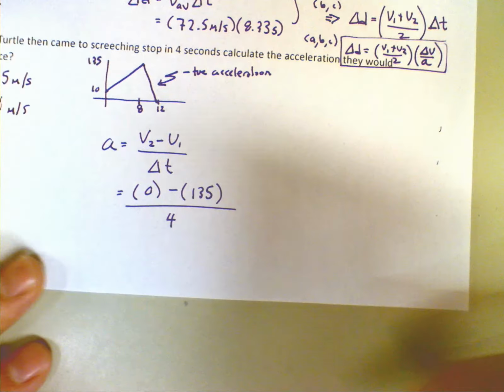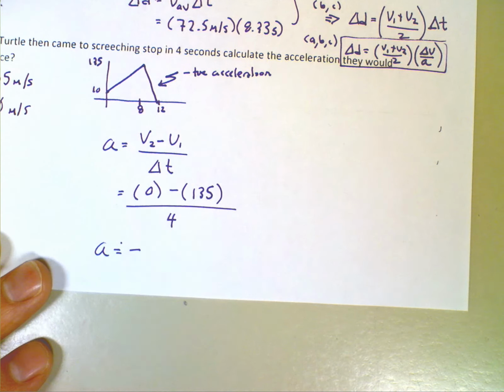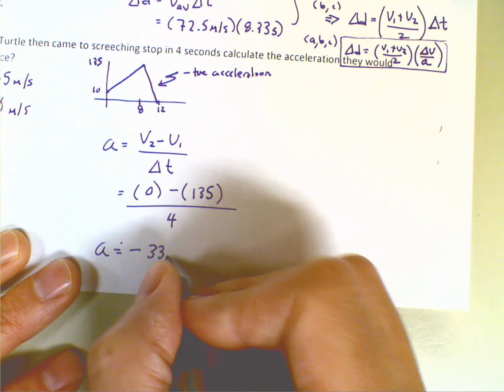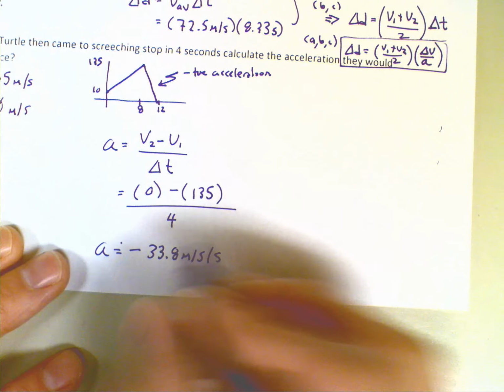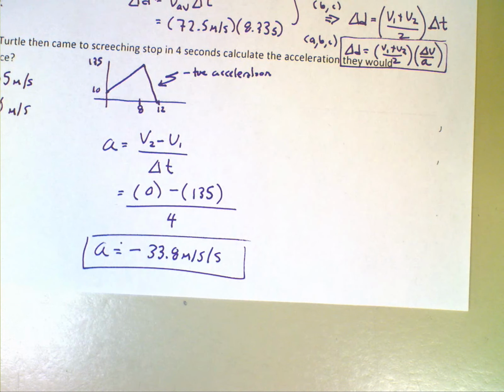And we see that our acceleration is going to be approximately negative 33.8 meters per second, slowing down every second. That's a very, very fast acceleration.